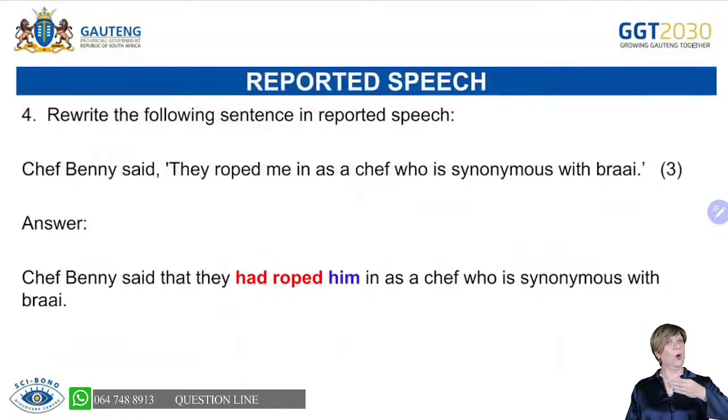Remember, we have to go one step into the past. Had roped me, we can't use me, him, and that's it. The rest was easy. Please note, I have my little full stop at the end. No inverted commas, no commas anywhere, left out everything else.